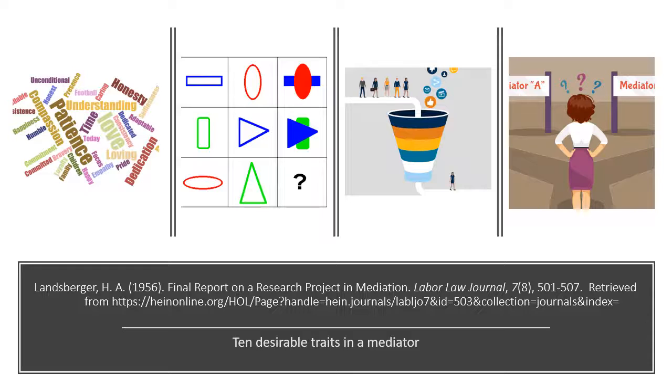Originally, his main plan in his paper was to come up with a potential questionnaire or test to be able to screen for good mediators. But first he had to come up with definitions for those characteristics. And after he defined those 10 characteristics or traits, he then wanted to come up with a set of intelligence tests to be able to filter out people.